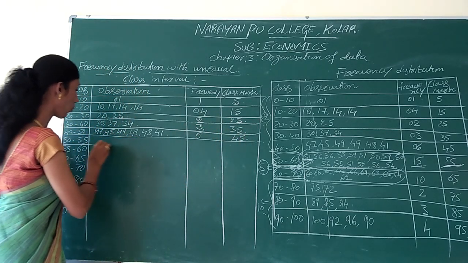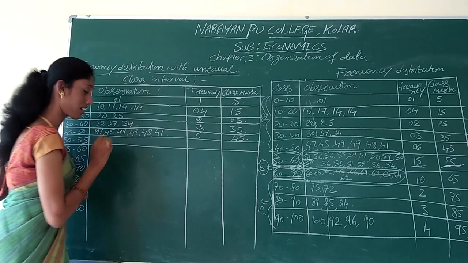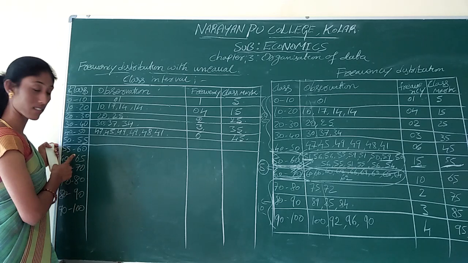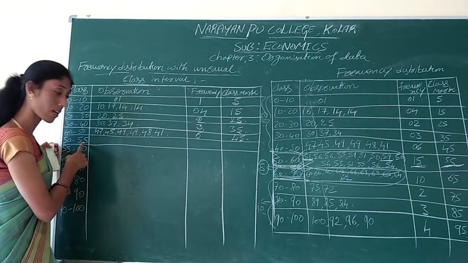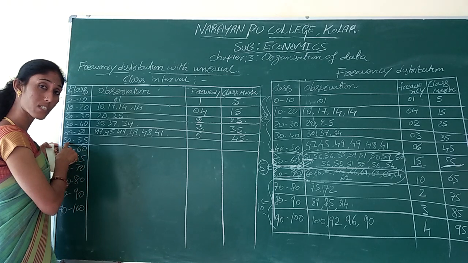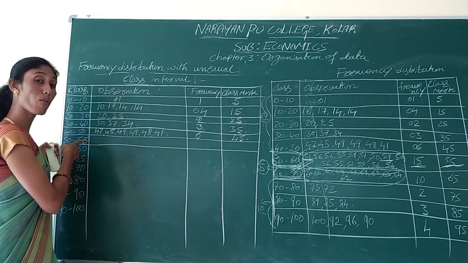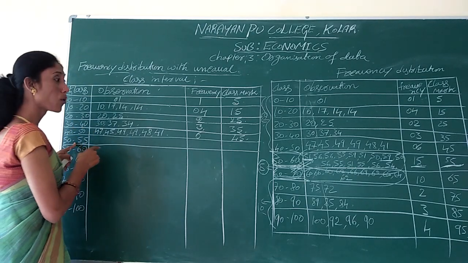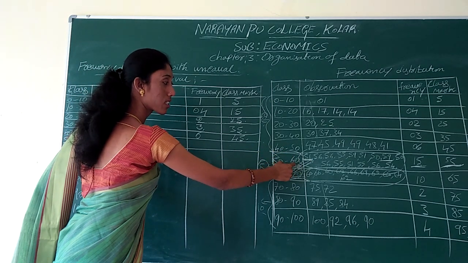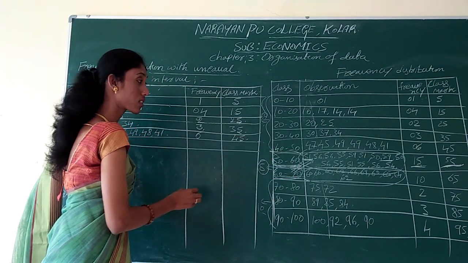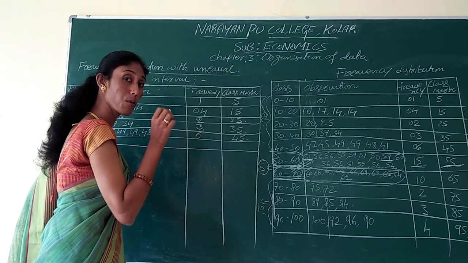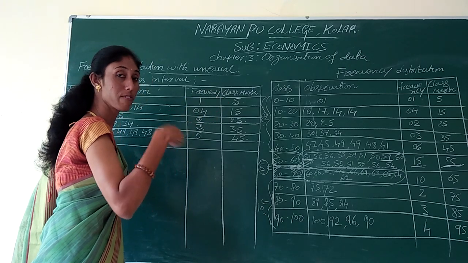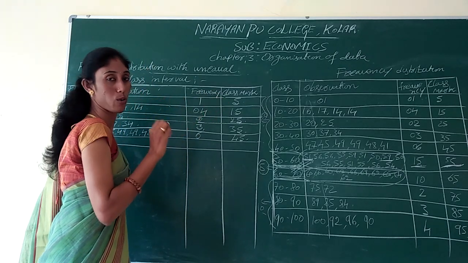Next come to one more. Here you should be alert. We divided the class 50 to 60 into 2 classes. One is 50 to 55, where the value starts from 50 and is below 55. Whatever values are there in 50 to 60, we have to pick only the values that are 50 or above and below 55.